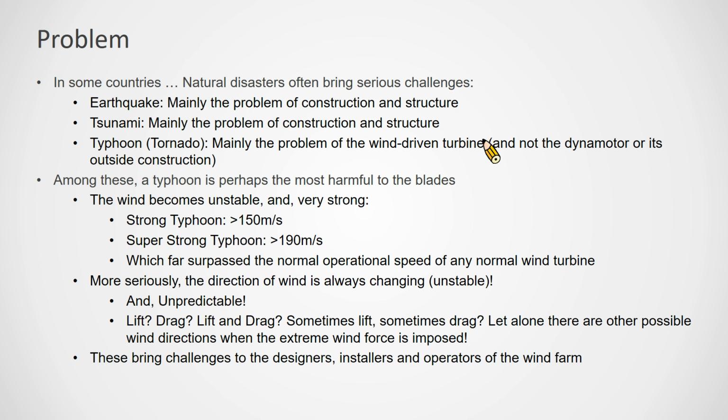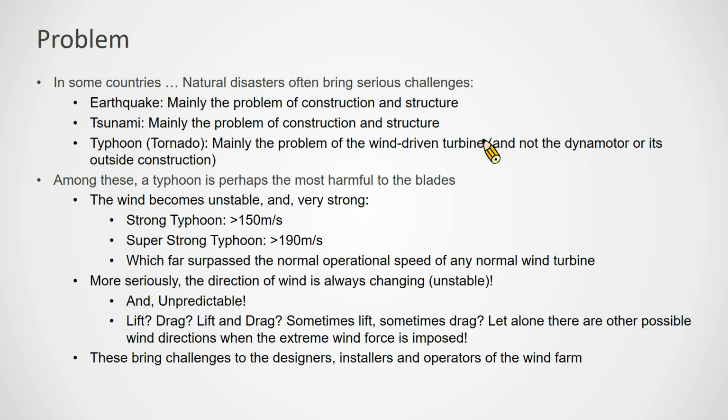When there is a typhoon, the wind becomes unstable and very strong. For example, a strong typhoon can easily bring us a wind speed of over 115 kilometers per hour, which is far surpassing the normal operational speed of any normal wind turbine.